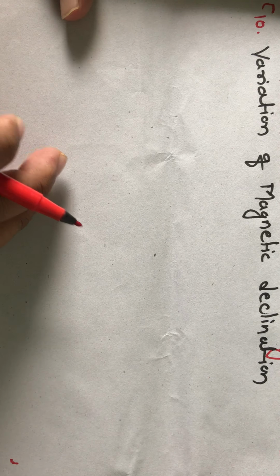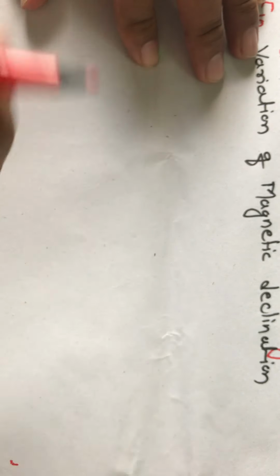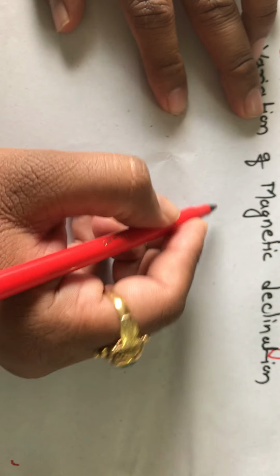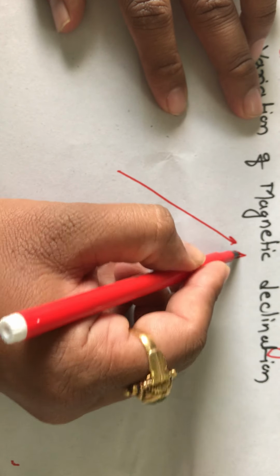If you see our earth, it is somewhat elliptical, and it is rotating about itself and also about the sun. So it is like this. Suppose this is the axis of rotation.